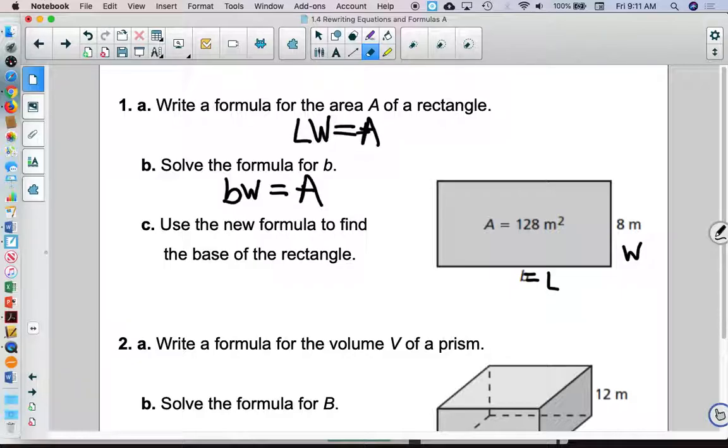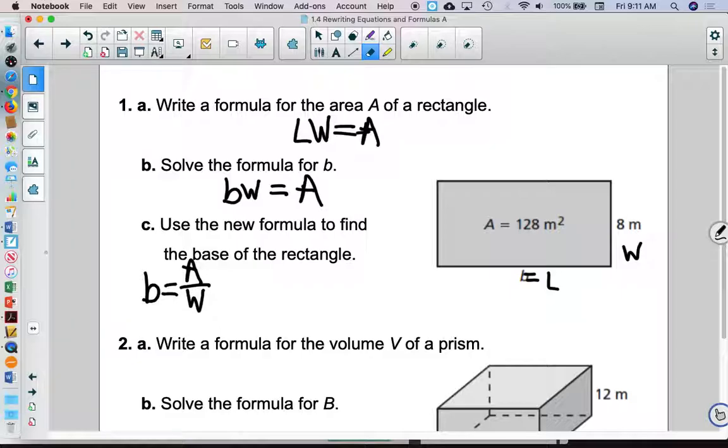Nope. I don't want any numbers yet. I want to solve it for B, just the way this is written. I'm rewriting my literal formula. B equals A divided by W. Absolutely correct. That's the new formula.